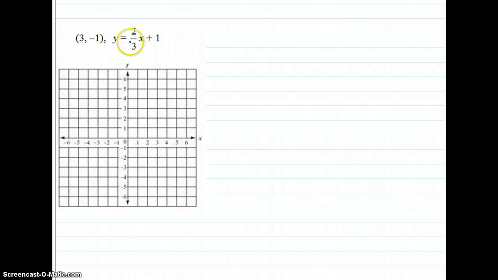So first let's graph this y equals 2/3 x plus 1. So we go to our y-intercept of 1. And now we're going to do our slope. So we're going to go up 2 over 3, up 2 over 3, and let's go down 2 to the left 3, down 2 to the left 3.